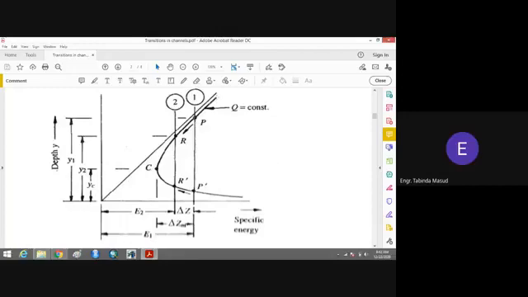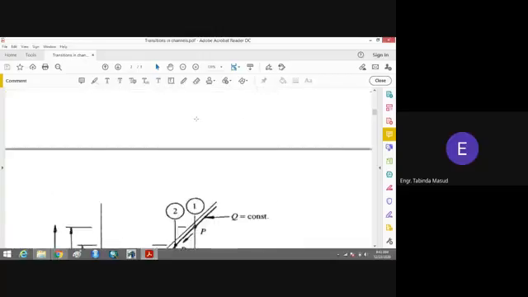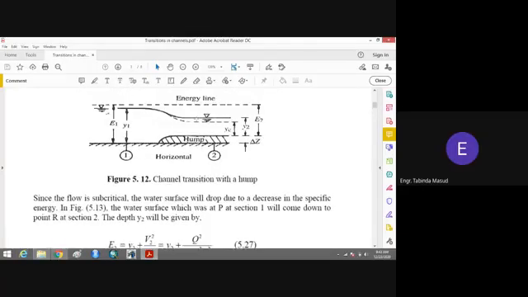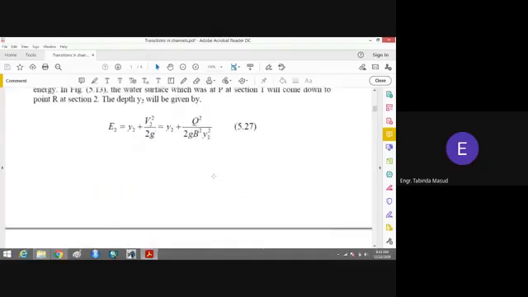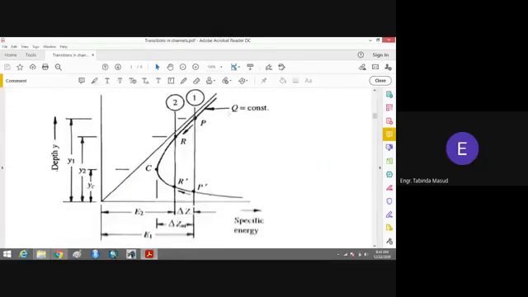This is section 1.1, this is section number 2.2, the same sections which we have discussed in our above figures. Section 1.1 is at the upstream of the weir, and section 2.2 is over the weir.